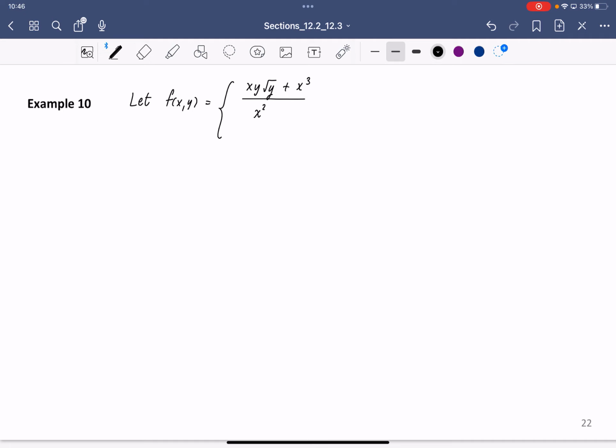This is when (x,y) is not equal to (0,0), and it's going to be 0 when (x,y) equals (0,0). Then find the limit of f(x,y). You need to compute the limit here.